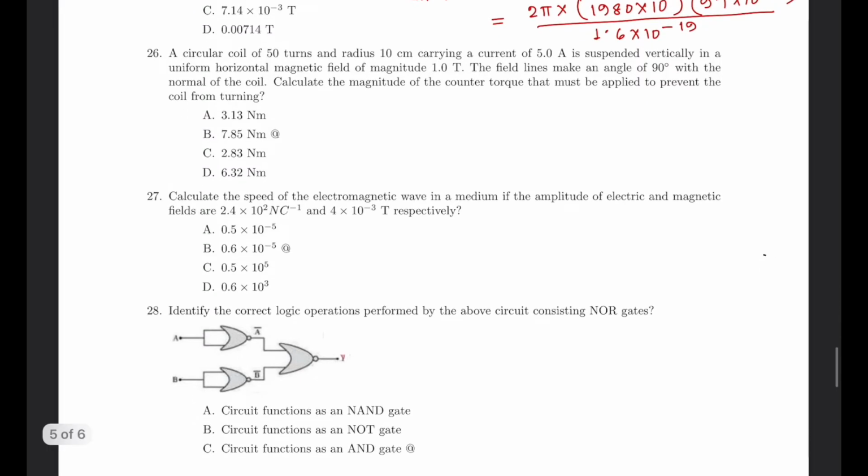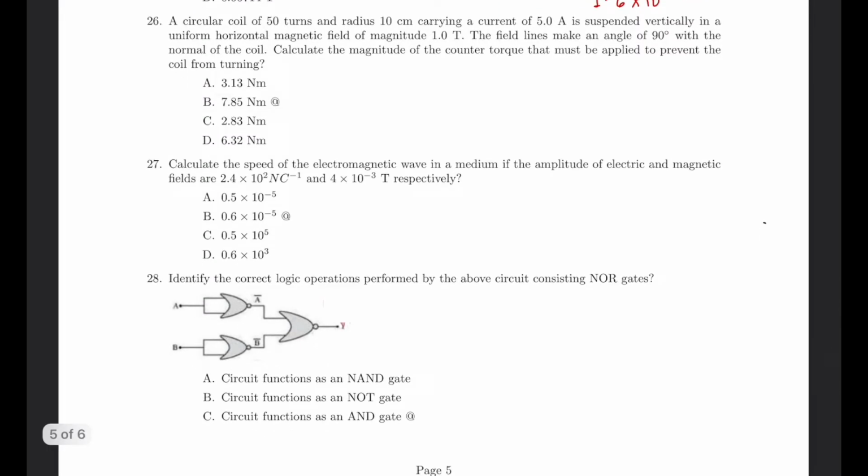A circular coil of 50 turns and radius 10 cm carrying a current of 5 ampere is suspended vertically in a uniform horizontal magnetic field of magnitude 1 Tesla. The field lines make an angle of 90 degrees with the normal of the coil.